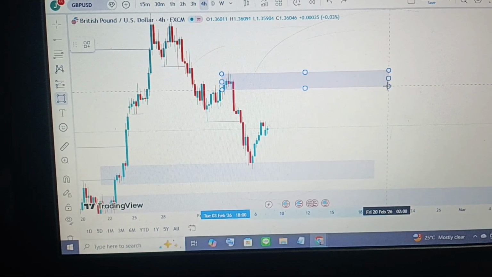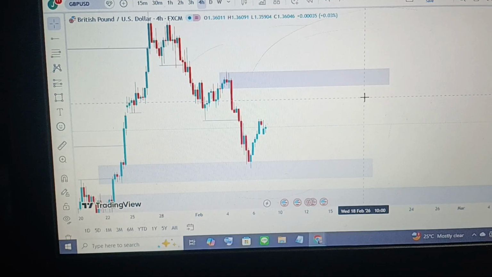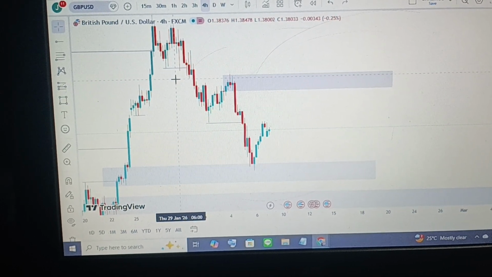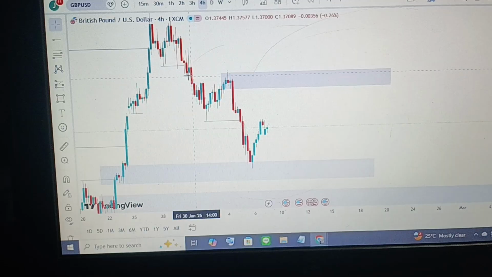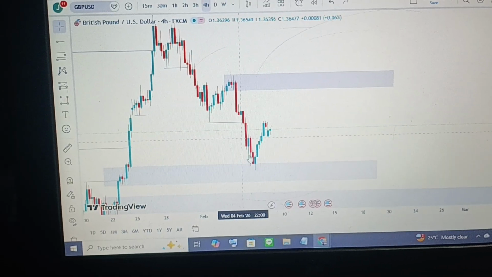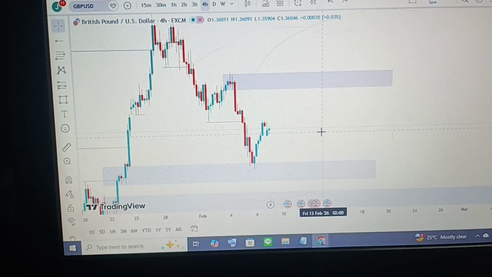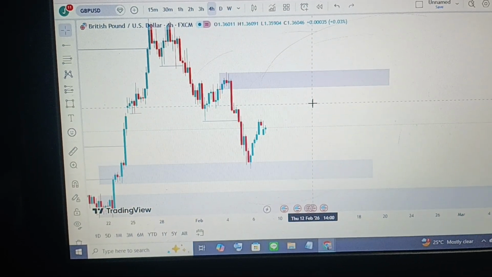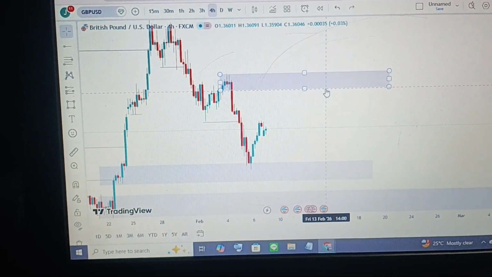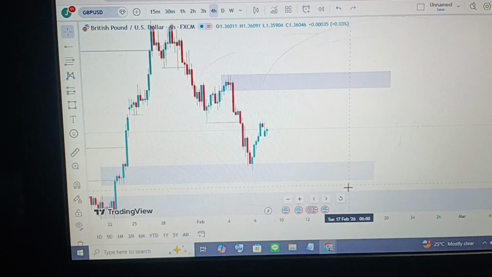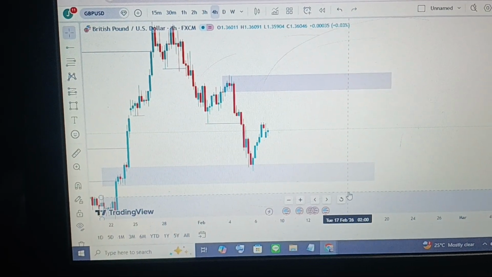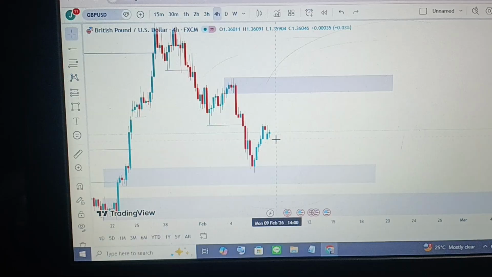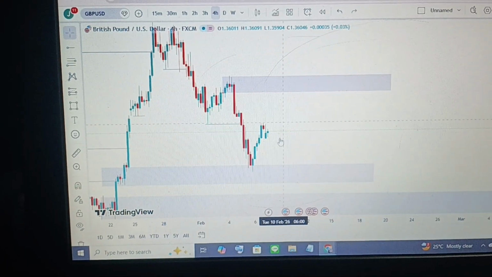So this is also a level of demand altogether. This was the first level of demand. Once price retraces, it drives the market down. So what we should be expecting here is we can either place our trade from this level to target this origin, this base, and push the price up, or we can wait to observe the strength of the market.